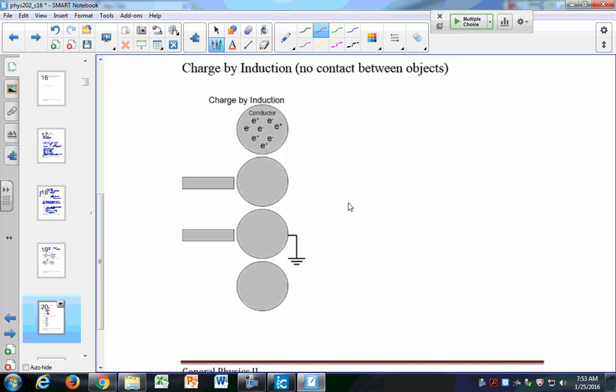If I bring a charged object up next to it, so I have negative charges here, I'm going to get a distribution of charge just like before, with positive charges and negative charges. And then, if I ground it, we'll talk about what grounding means in just a bit, but also in chapter 4, I think, when we talk about home circuits.